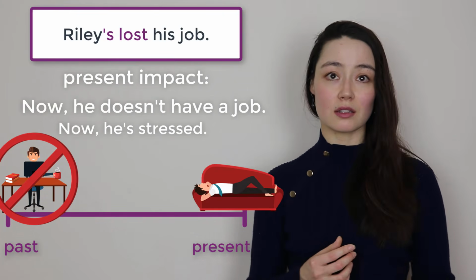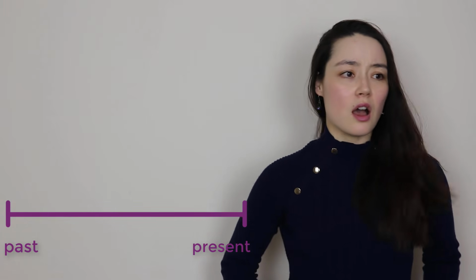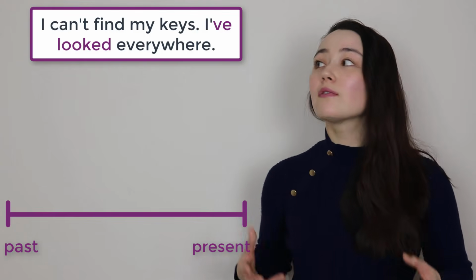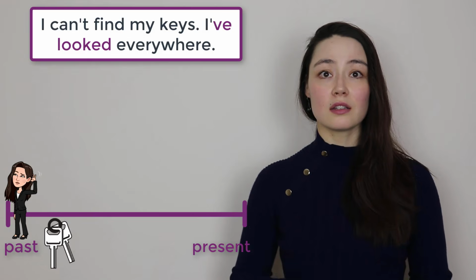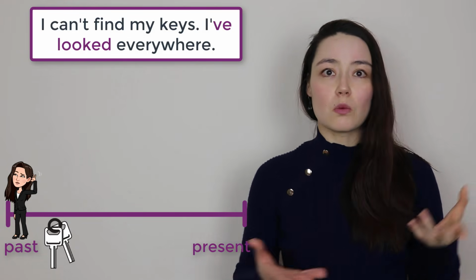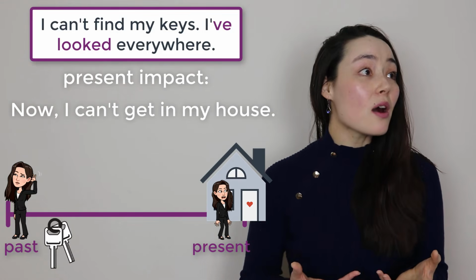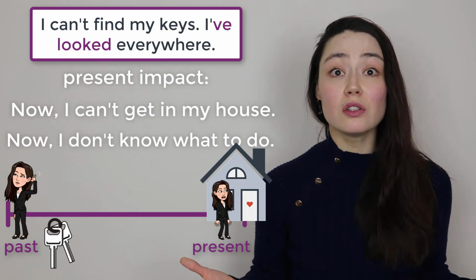Now he's stressed. I can't find my keys. I've looked everywhere. I lost my keys. What's the present impact? Now I can't get in my house. Now I don't know what to do.